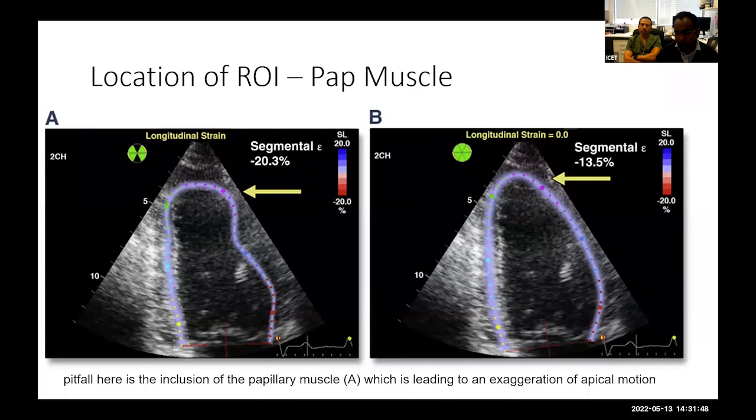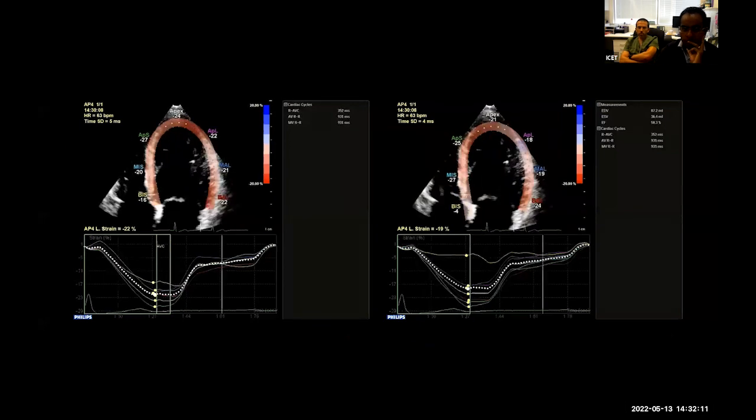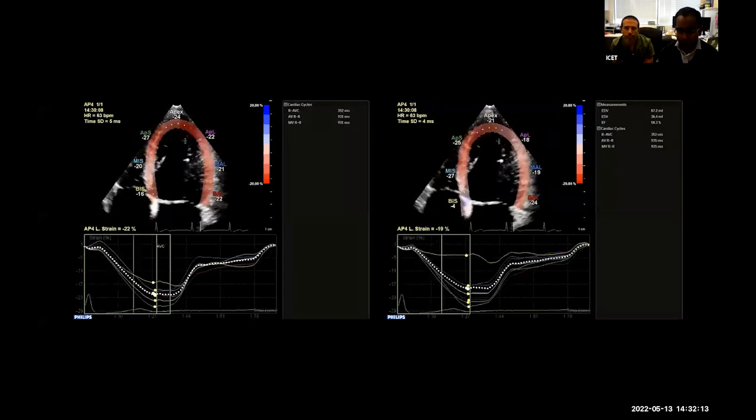If you include the papillary muscle, you get an abnormally elevated or better looking strain because of the excess motion, whereas in the appropriate segment, the strain is actually reduced. So being aware of what you're contouring and what's being included will make a difference in how you do the strain analysis.